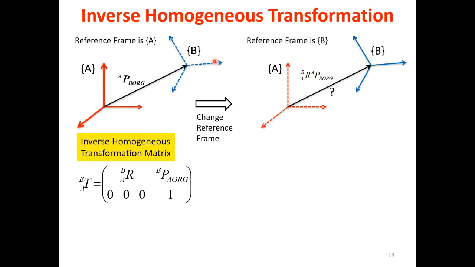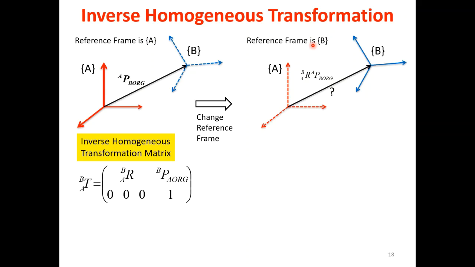So therefore, this vector APBORG, which belongs to A, which means the reference is A. Now, when the reference changes to B, you can't just say APBORG, but in front of that, you need to write BAR. So BAR is the rotation matrix of A with respect to B. It's very simple.